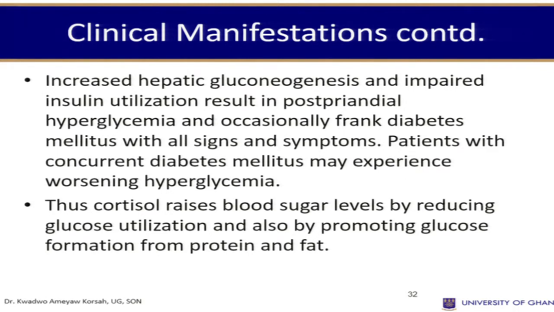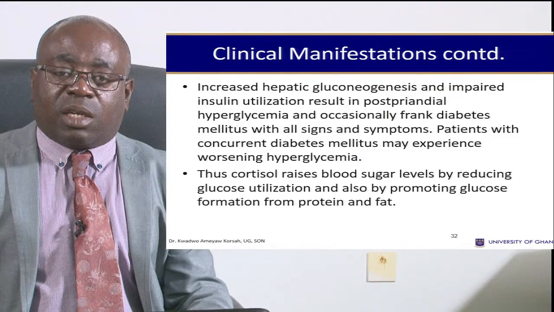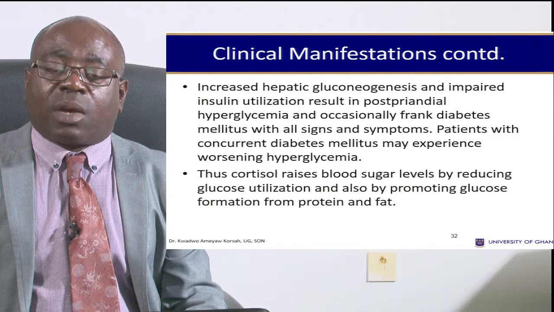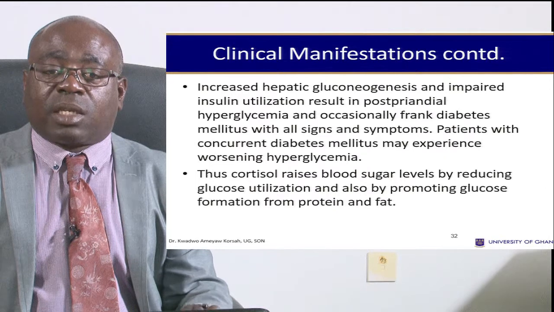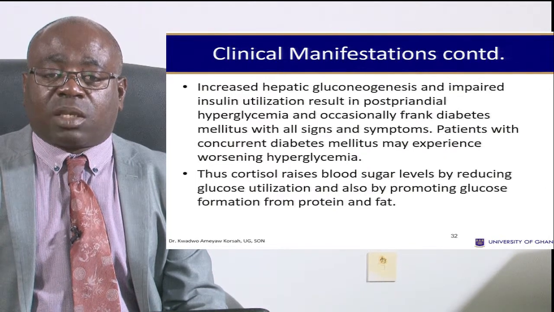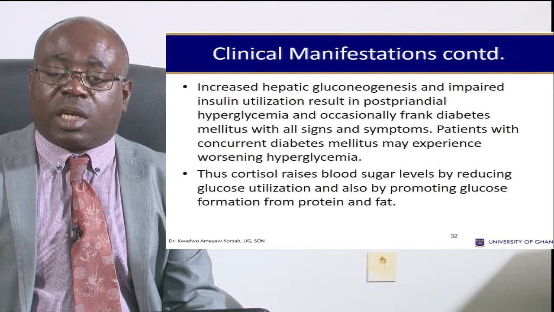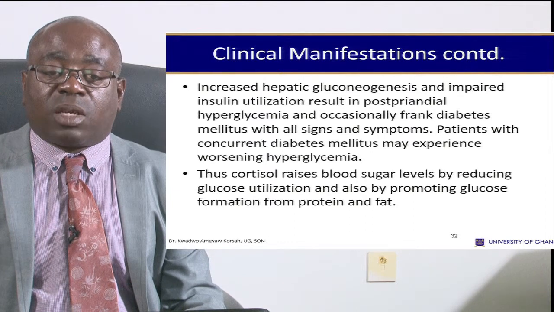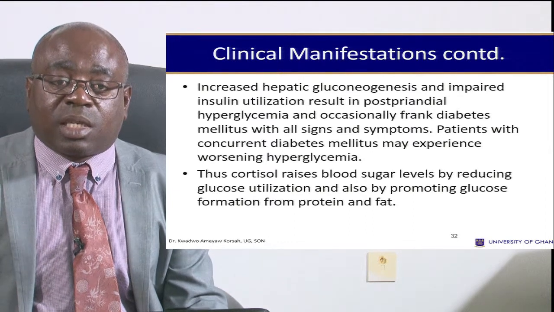And so patients with concurrent diabetes mellitus may experience worsening hyperglycemia. You can imagine that if somebody has diabetes at the same time as Cushing's syndrome, once the cortisol level goes up, the sugar level goes up too, so that patient is going to suffer and get a lot of complications because of the hyperglycemia.